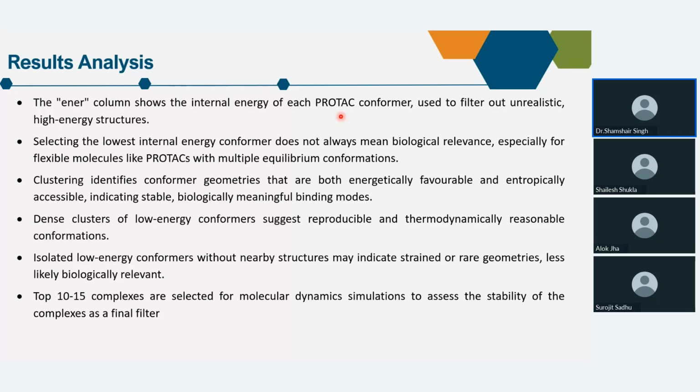We can cluster them and take those cluster representatives, the low energy conformers in dense clusters. Let's assume you got 500 conformations, from which you find maybe 50 conformers in a similar energy range. Those kinds of clusters we can take and consider for further analysis.